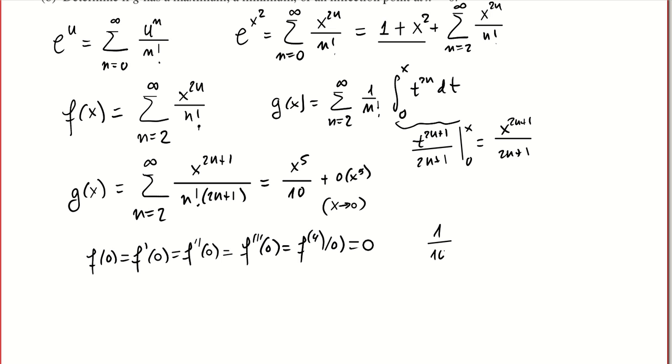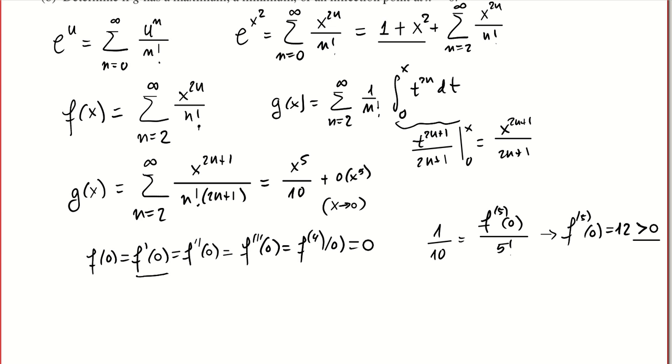Actually, 1 over 10 is equal to the fifth derivative of g at 0 divided by 5 factorial, which is 120. So if you multiply by 120, what you get is that the fifth derivative at 0 is equal to 12. In any case, it's a non-zero, positive number. And that's all we need, because we have all the answers that we want.